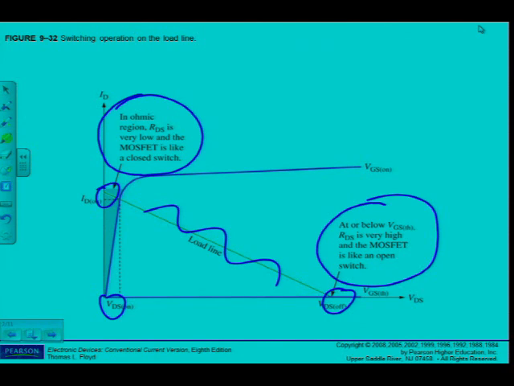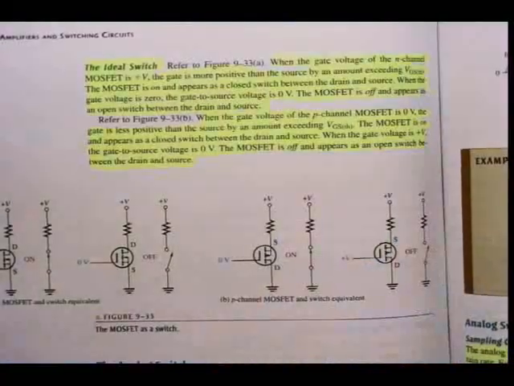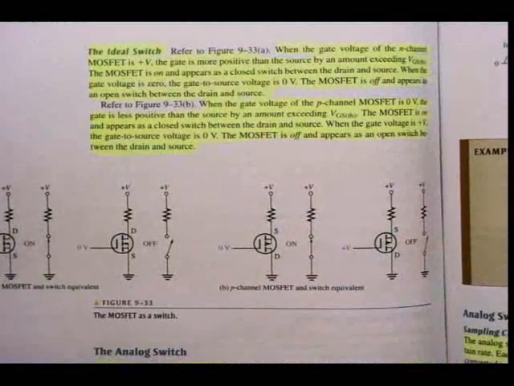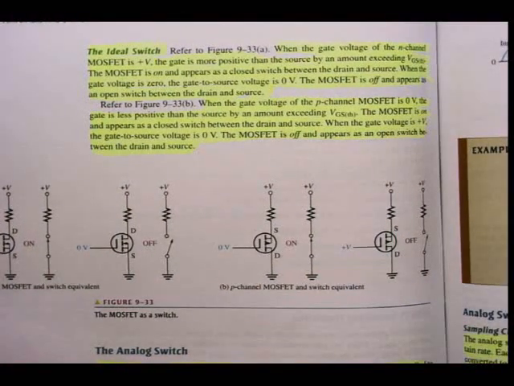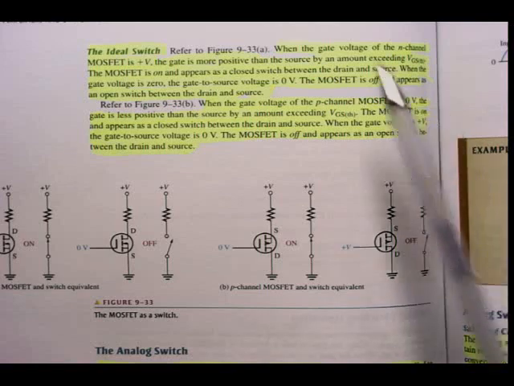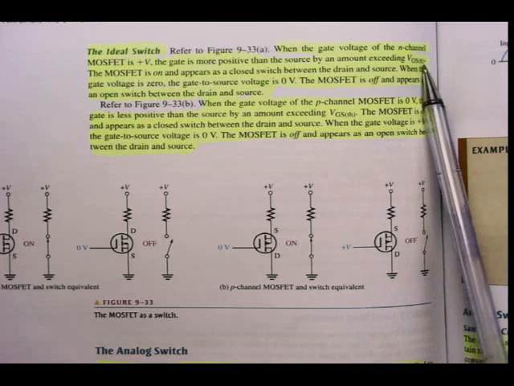All right, when we turn the page to page 460, just the characteristics there again of an ideal switch. Ideal switch, when the gate voltage of the N-channel MOSFET is a positive voltage, the gate is more positive than the source by an amount exceeding VGS threshold.